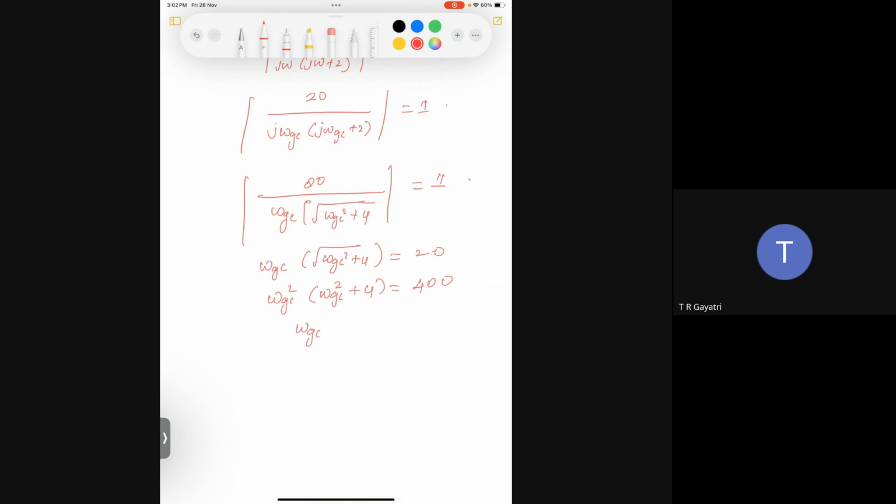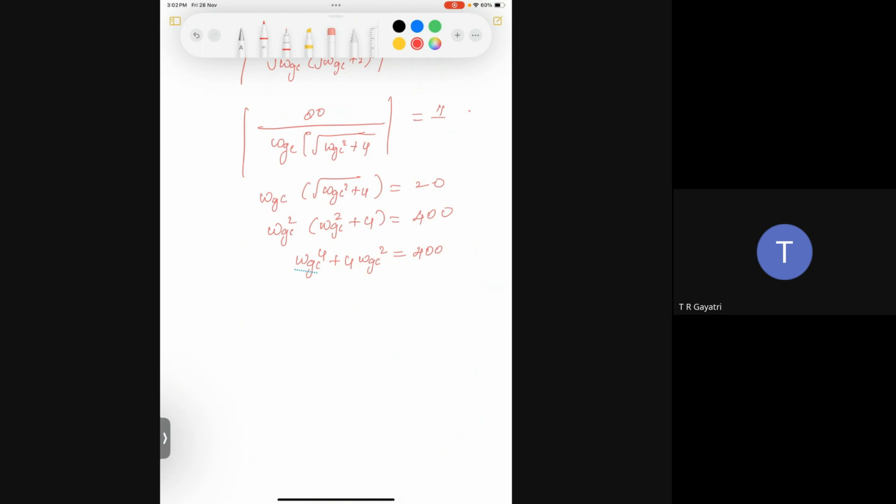Omega gc to the power 4 plus 4 omega gc square equal to 400. How usually will we find this?